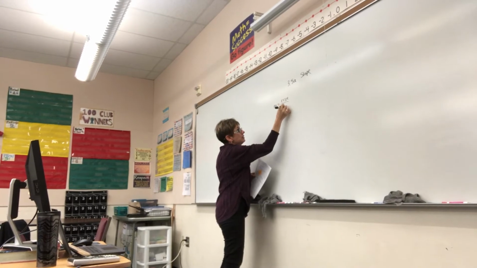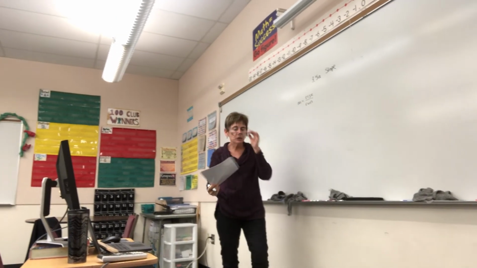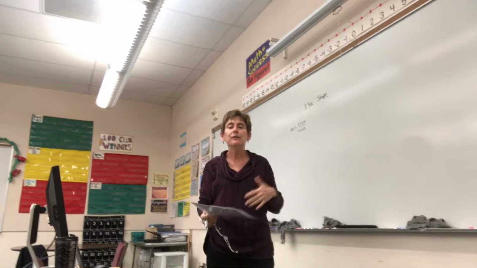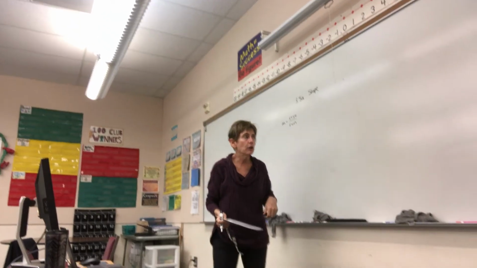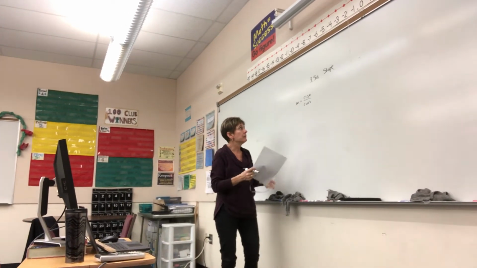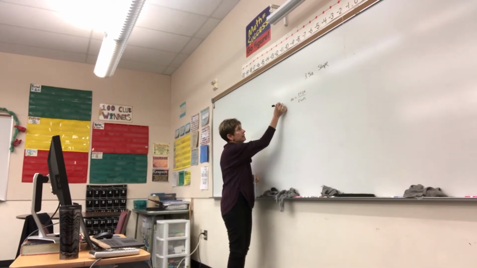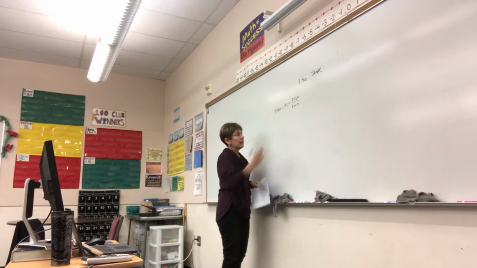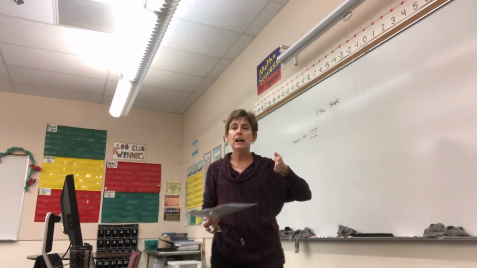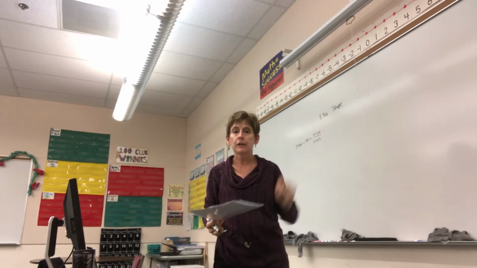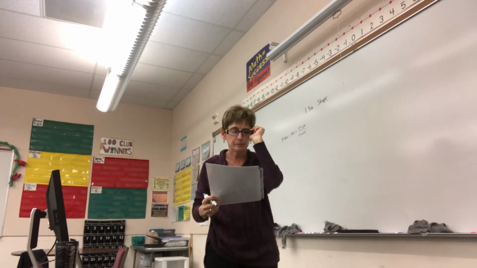Now, when you get into advanced algebra, you will talk about it more in the context of average rate of change. But for right now, we're going to call slope the letter M. So M is kind of a nickname for slope, and it stands for rise over run. When you're measuring how steep a line is, how much do you go up and then over to get to the other point on that line.